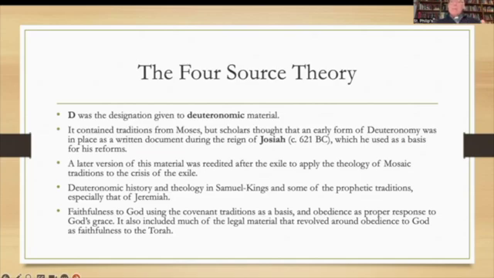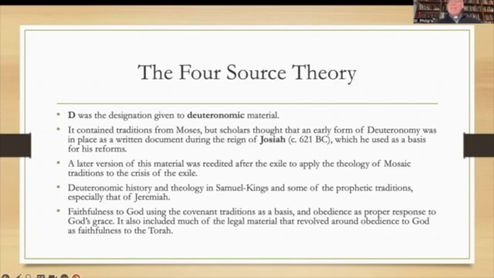If you remember from our history class, Josiah, according to this Deuteronomic history, was the greatest of the kings of Israel because Josiah returned the people to the worship of God and restored a sense of moral and spiritual centeredness, reformed the monarchy, reformed the kingdom, reinstituted religious practices.